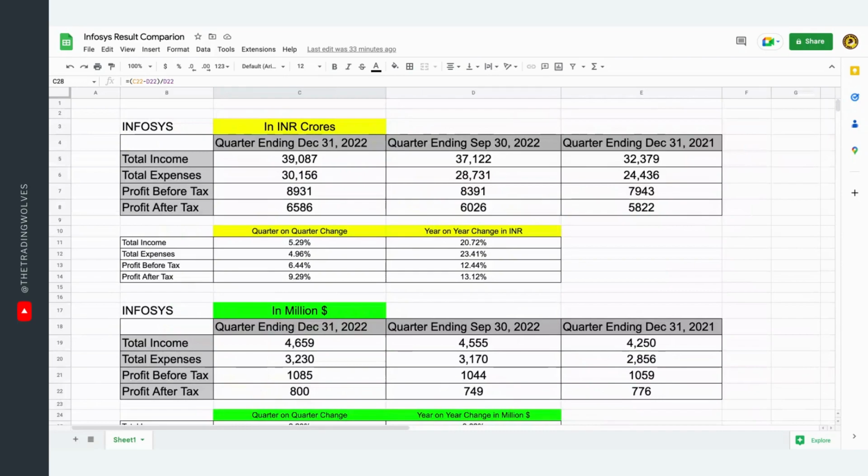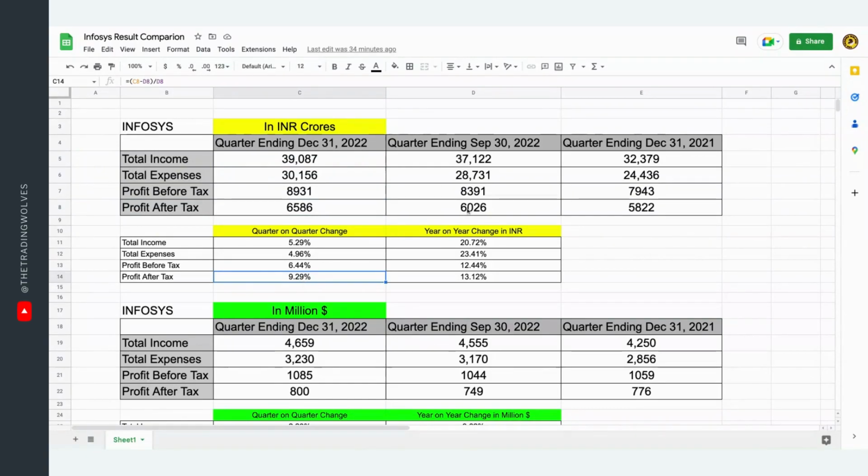So to give you a very quick analogy of how Infosys growth has happened quarter on quarter, I have populated these numbers: the total income, expenses, profit before tax and profit after tax. So this is the quarter on quarter change: the income of Infosys has grown by 5.29%. However, the profit after tax on a quarter on quarter basis has grown by 10%.